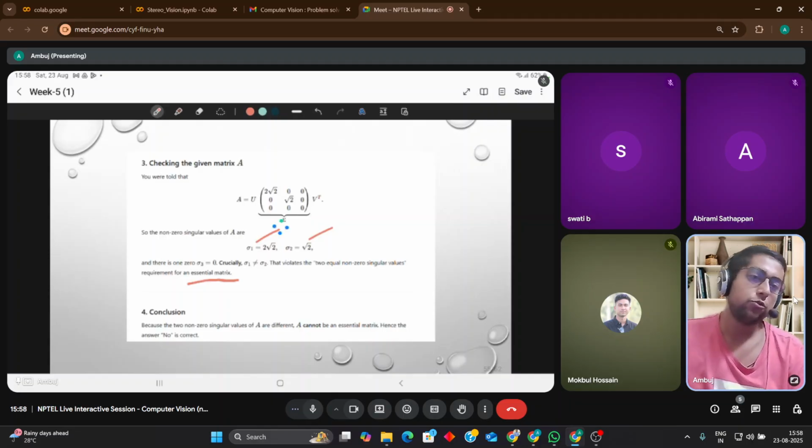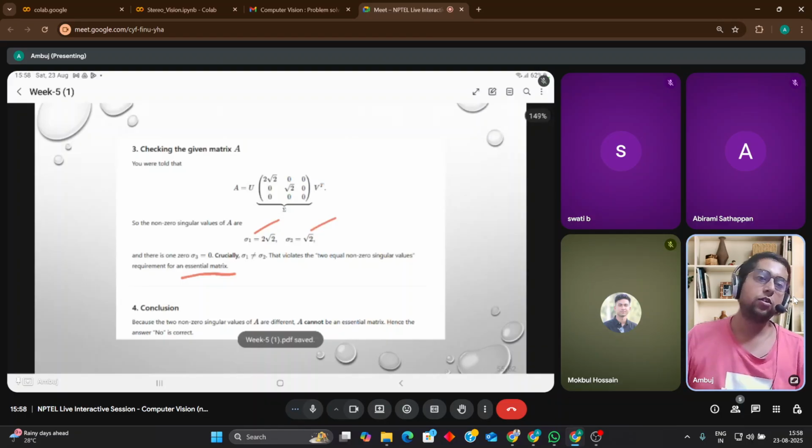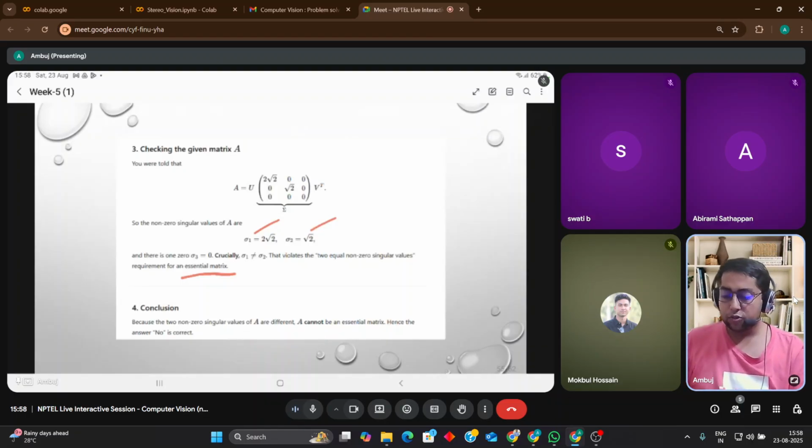Any essential matrix, as you can see from question number 1 itself, would have diagonal elements of the form a, a, 0. One condition it is holding, that the last element is equal to 0, but the rest of the conditions it is not holding. Hence it won't be a correct option. It won't be an essential matrix.